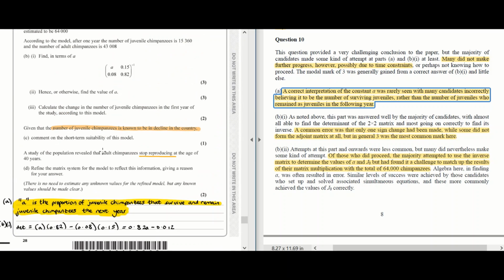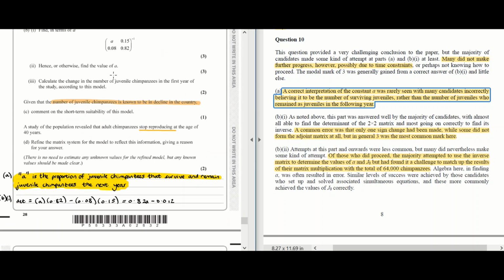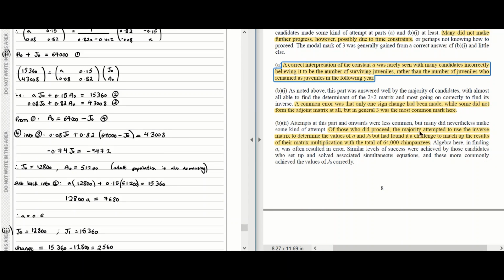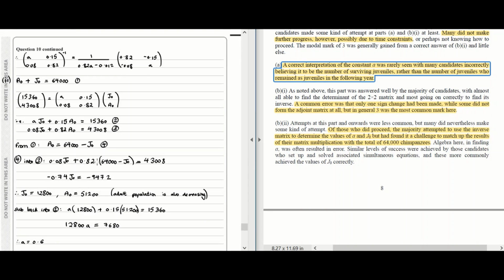The next part was quite difficult to find out what A was. It was just a simultaneous equation question. But basically people were failing to realize that they had to use the 64,000 chimpanzees to find the values required.